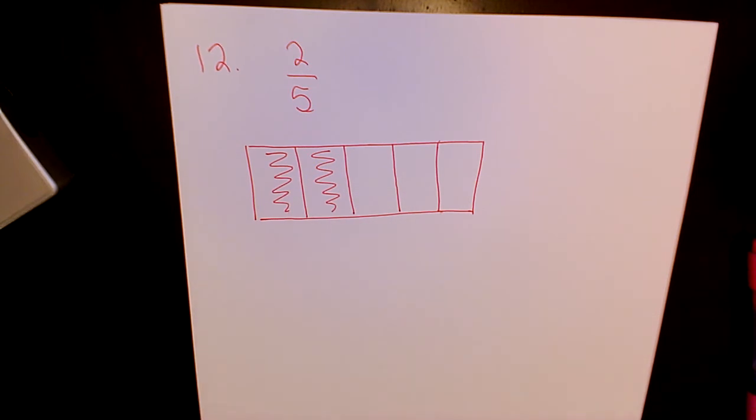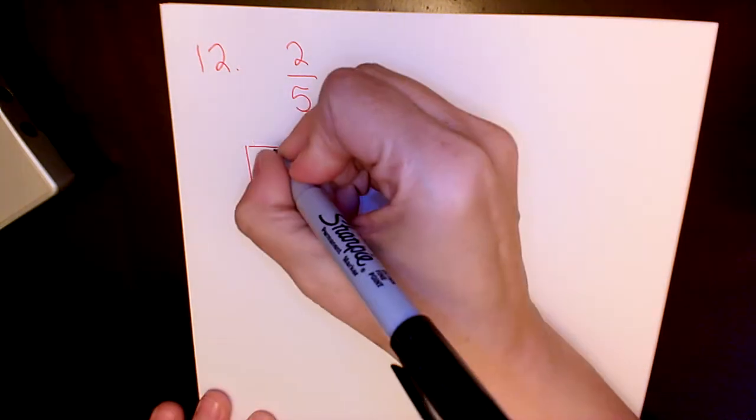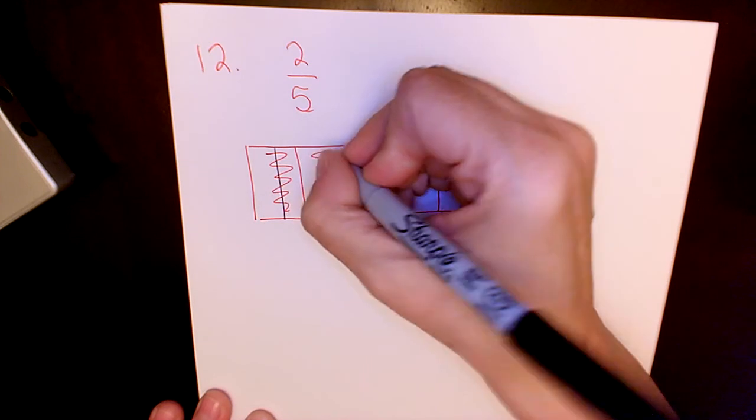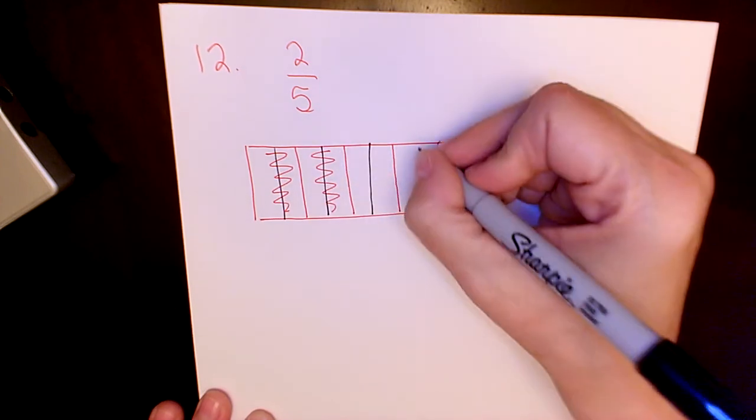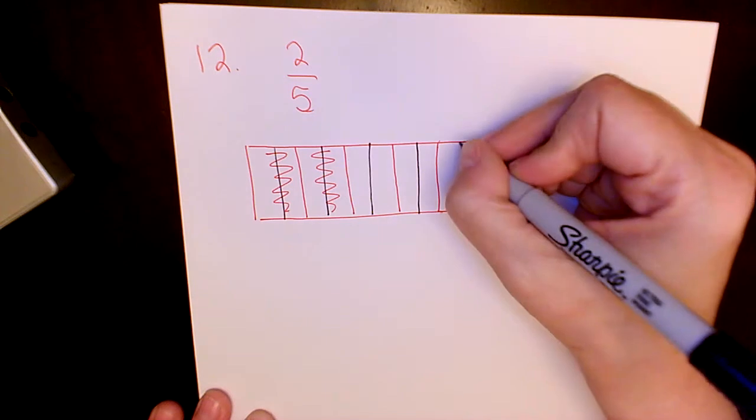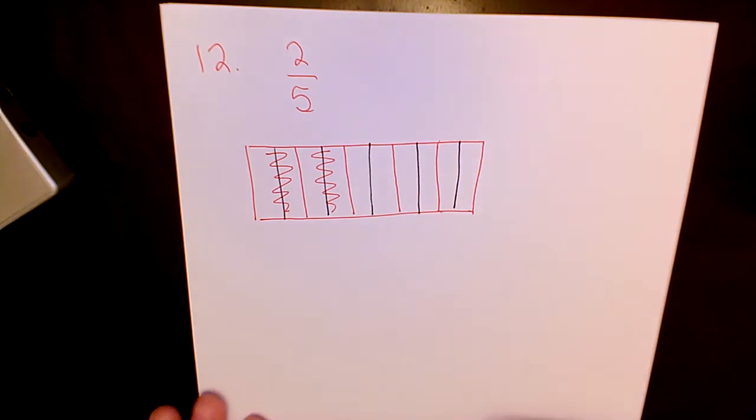If I want to find another fraction equal to 2/5, one thing I can do is just split each of these fifths in 2.